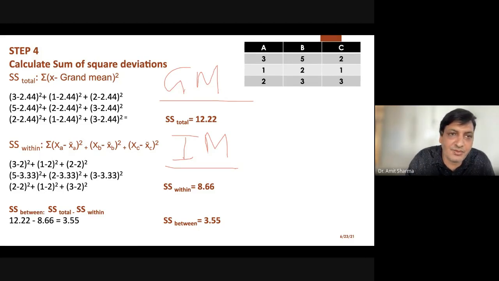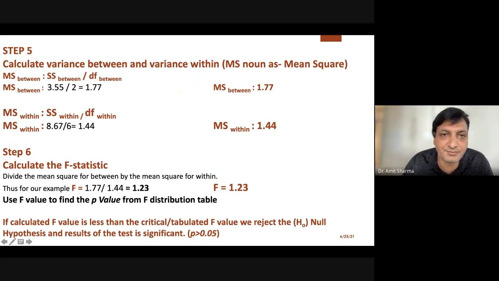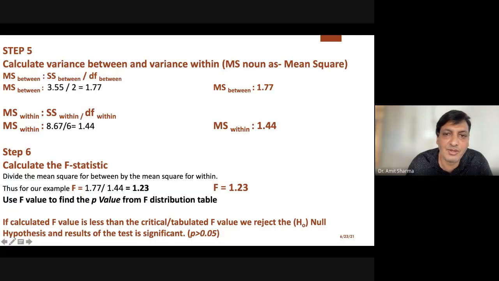Clear? So once you have calculated the SS, now you can calculate the mean sum of squared. And the formula for mean sum of squared is this one. Here you don't have to do the calculation. You have to follow the formulas, using things which I have already calculated.